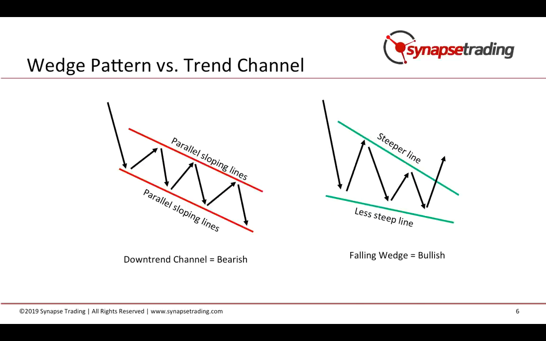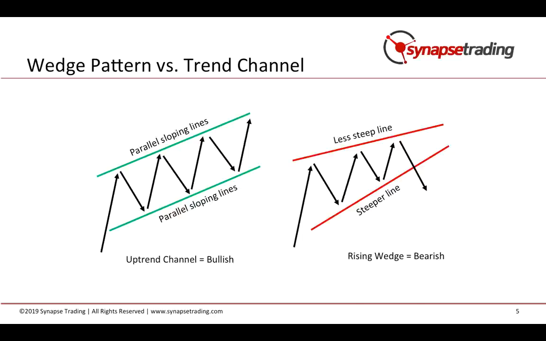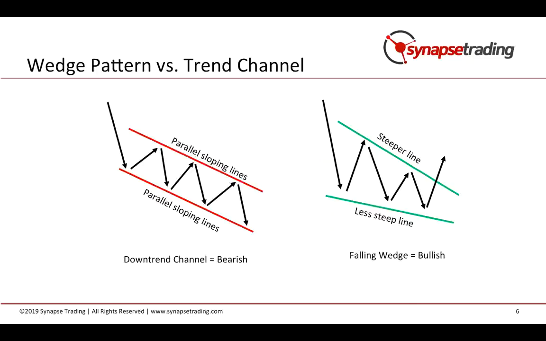Why this is bearish, I will talk about later under the psychology. For the downtrend version, you can see a downtrend channel, where prices are gradually going downwards in parallel sloping lines. This is indeed bearish.